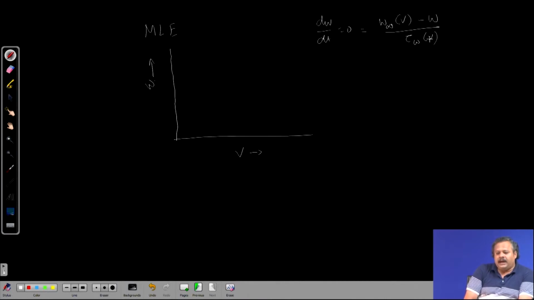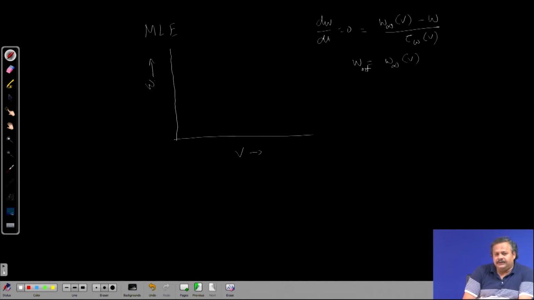So we have a relation between W and V: W equals W infinity(V) is the solution to this equation, and we will call this the W nullcline.